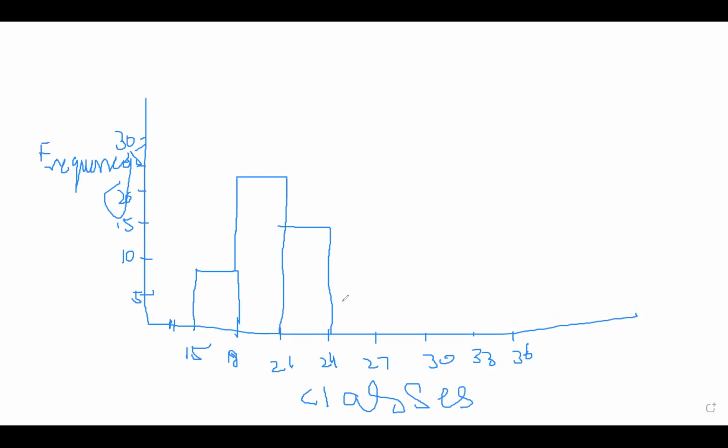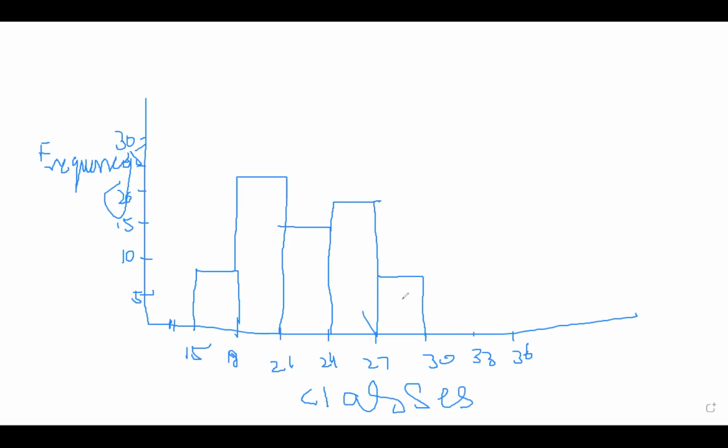For the next class, 24 to 27 has a frequency of 18. This is 20, so 18 would be around here. So we will make a line over here. Then the next class, 27 to 30, has only 8 observations, so it would be around here.